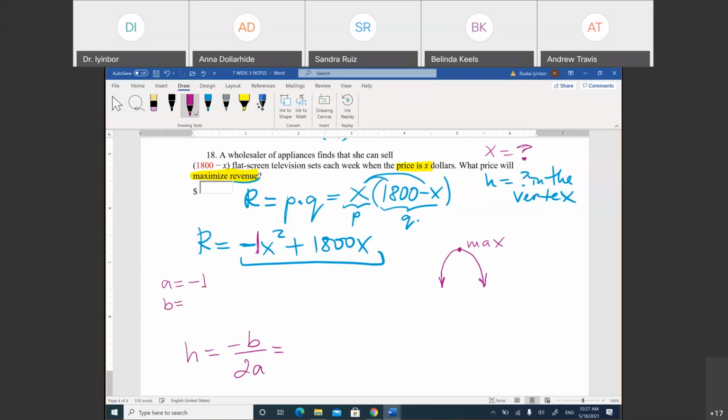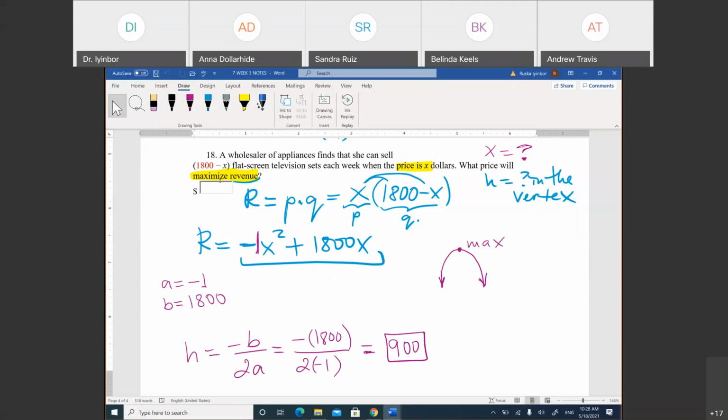What is B? 1800. Okay. And you're going to plug it in: negative B over 2 times A, where A is negative 1 and B is 1800. Negative over negative is positive. 1800 divided by 2 is 900. Yes. So what that means is, to get the maximum revenue, you should sell the TVs for $900. That's the price.